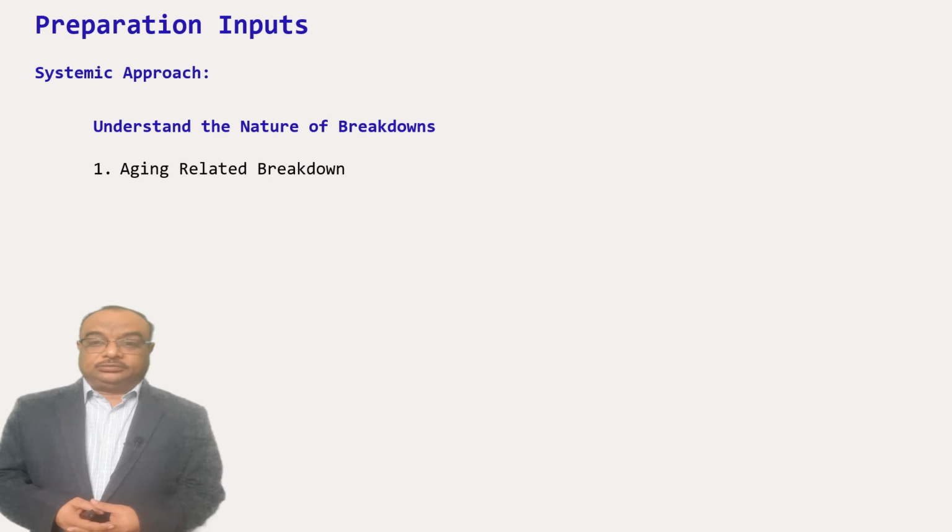So if one by one we use this systematic approach, and if we align the systematic approach with the process approach, there are a total of 5 kinds of systems which I have mentioned earlier also. So we have to see all these aging effects with respect to each and every one of the 5 systems.